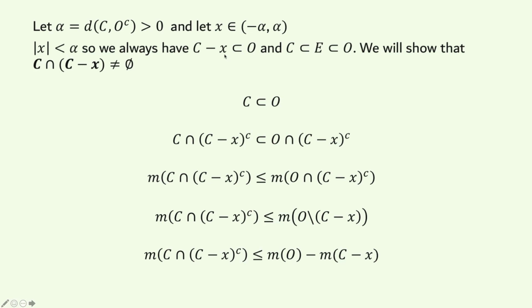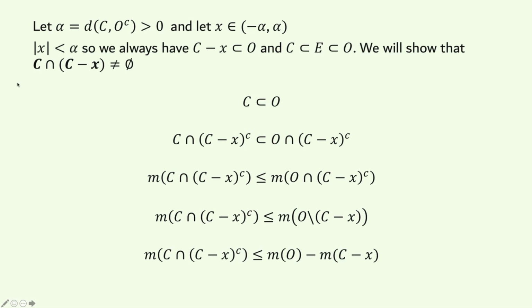C is inside of E, a closed and bounded set, a compact set inside of E. And because the distance between C and O complement, strictly positive, is equal to alpha, and x is somewhere in this interval, if you shift C to the left or to the right, you're never going to get out of O, because alpha is, again, the distance between C and O complement. So this set actually always has to stay inside of O.